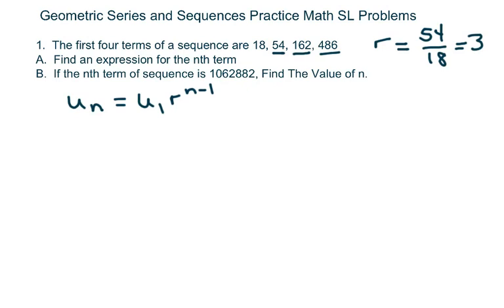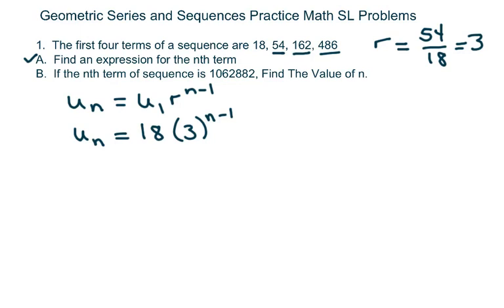So we first have to find an expression for the nth term. We use u sub n, and our first term is 18, and our r is 3, to the n minus 1.